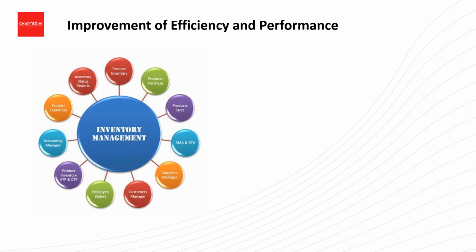This visibility allows organizations to track inventory levels across different locations, understand how inventory moves through the supply chain, and identify patterns in demand. With this information, organizations can optimize inventory levels to avoid overstocking and understocking, both of which can be costly.